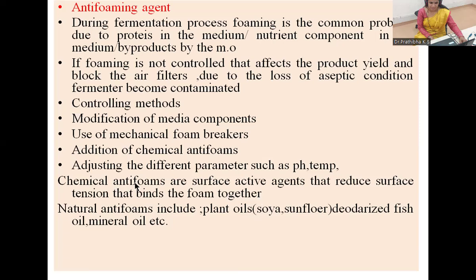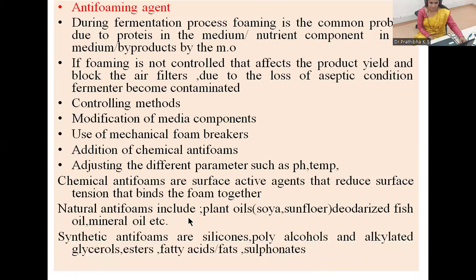Some natural antifoams can also be used, like plant oils, soya, sunflower, deodorized fish oil, and mineral oil. Some other synthetic antifoams are silicones, polyalcohols, alkylated glycerols, esters, fatty acids or fats, or sulfonates. All these can be used as antifoaming agents.